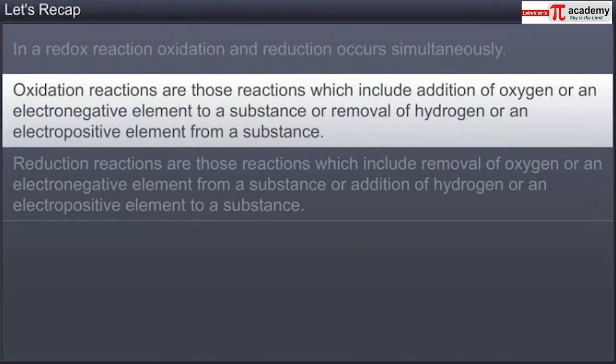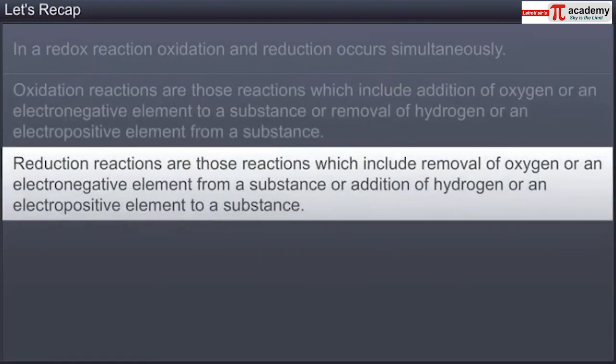Oxidation reactions are those reactions which include addition of oxygen or an electronegative element to a substance, or removal of hydrogen or an electropositive element from a substance. Reduction reactions are those reactions which include removal of oxygen or an electronegative element from a substance, or addition of hydrogen or an electropositive element to a substance.